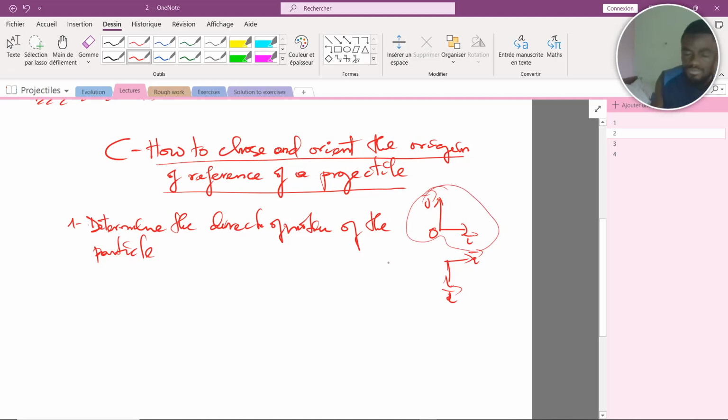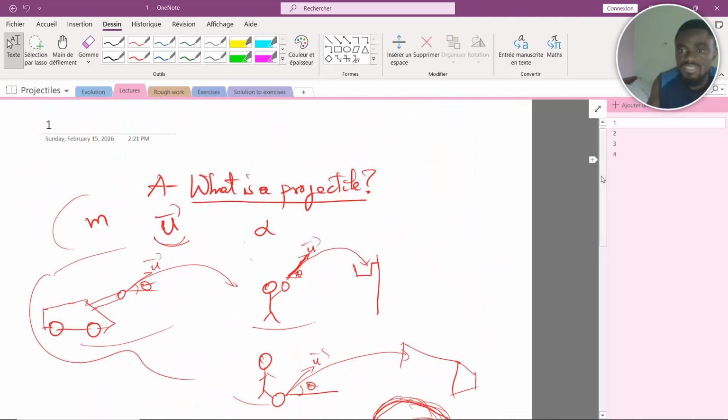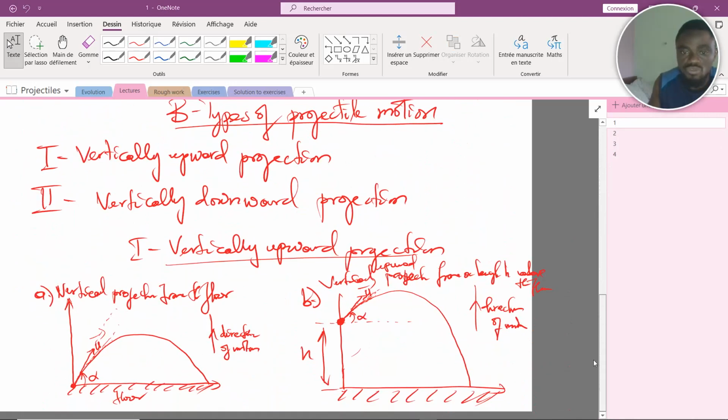Is that okay? Now, in some exercises, I first want you to understand something. In some exercises, they can precise the origin of reference. In this video, we are going to study the previous types of projections we saw.